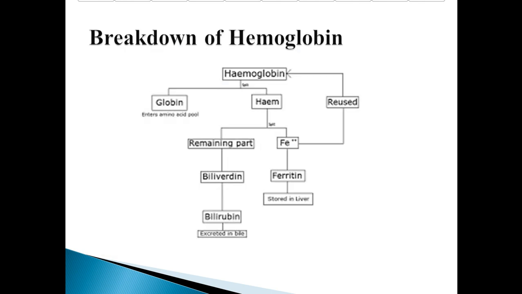So here is the breakdown of hemoglobin. When the red blood cell reaches its maximum life, that is 120 days, then the RBCs undergo lysis.